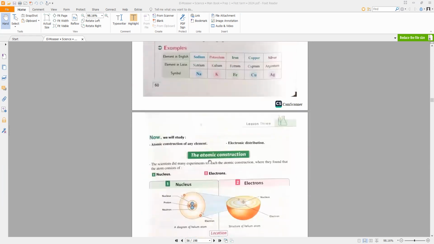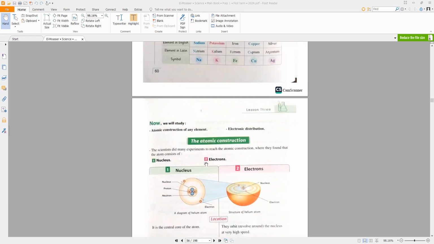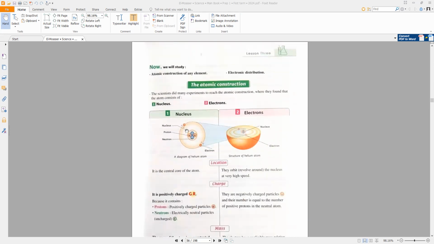After this, we talked about the structure of the atom, and we studied that the atom consists of two parts, nucleus and electrons. The nucleus is present in the center, the central core of the atom, and the electrons revolve around this nucleus in fixed orbits called energy levels. The nucleus has two particles, protons and neutrons.